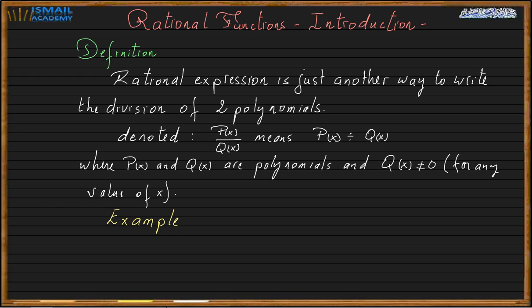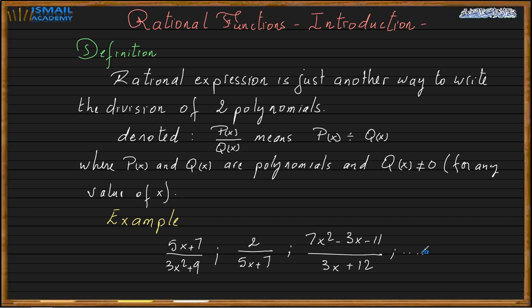Let me give you an example of a rational expression. For example, 5x plus 7 over 3x squared plus 9, or 2 over 5x plus 9, and I can have 7x squared minus 3x minus 11 over 3x plus 12, and so on.